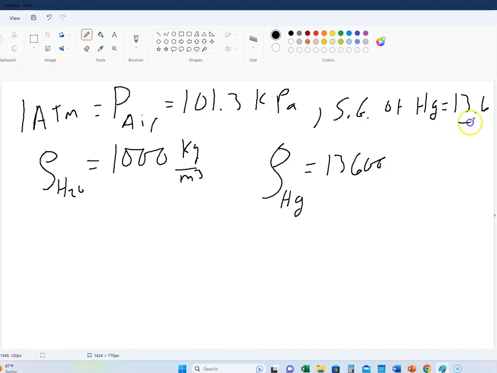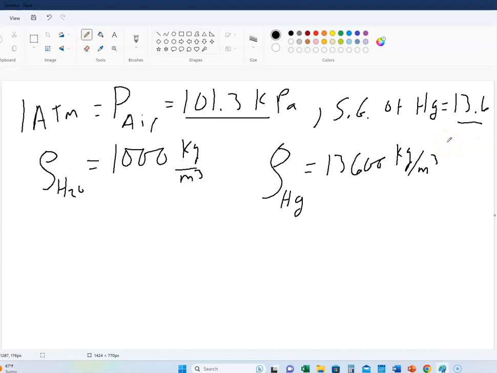Because it's 13.6 times the density of liquid water, and it's of course kilograms per cubic meter. So that's the important thing for this one, that you know that. And remember, this number is what we're going to prove. This is what Torricelli proved.